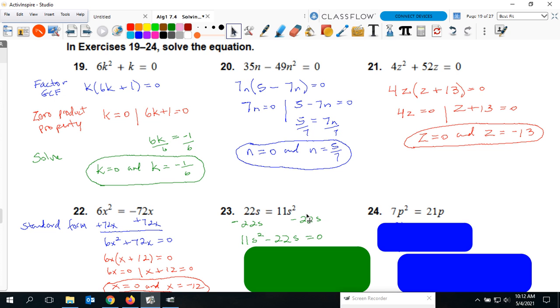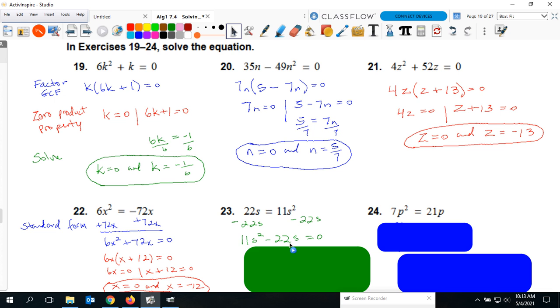So now it will say 11s squared minus 22s is equal to 0. That's probably the better way, so that you keep your first term positive in the standard form. I think it's easier. You could still get it correct if you did it the other way as well. It doesn't mean you got it wrong or anything. It just means you might have had a more challenging time with the signs as you solved.